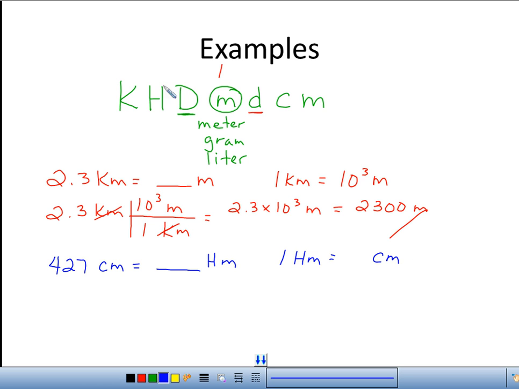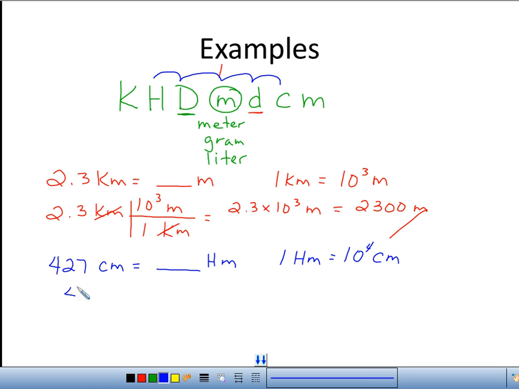Well, let's count. We're going to go from hecta to centi, so we're going to count. 1, 2, 3, 4. So that tells us, because it did 4, they're 4 steps away from each other, that there are 10 to the 4 centimeters in a hectometer.